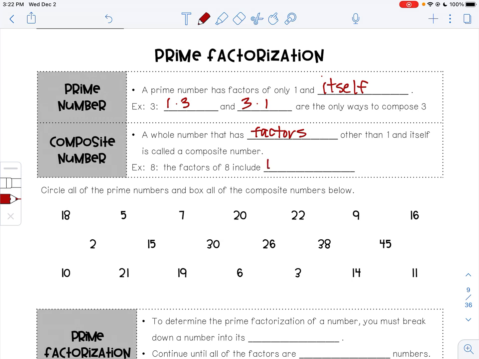Okay, 1 times 8 and 2 times 4. So the factors of 8 are 1, 2, 4, and 8. So notice a composite number has more than 2 factors, more than itself and 1.